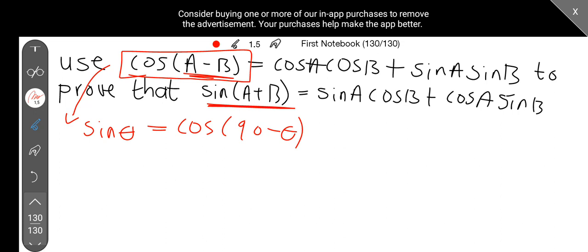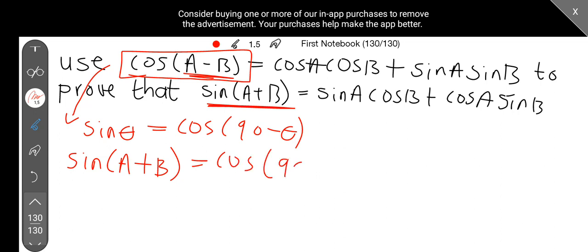So sin(A + B), which is what we are looking for, is equal to cos(90 − (A + B)).